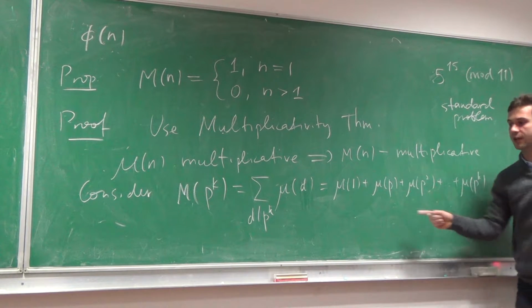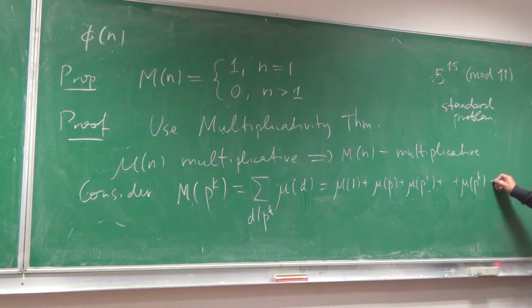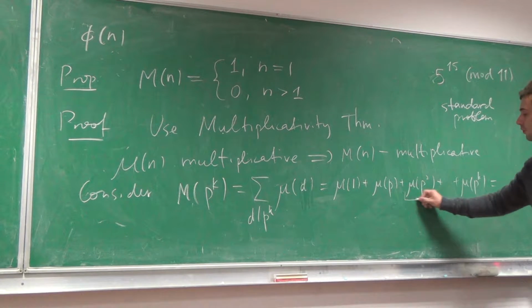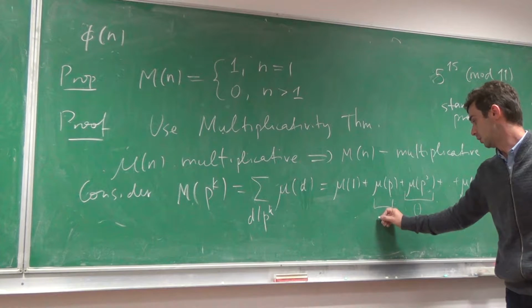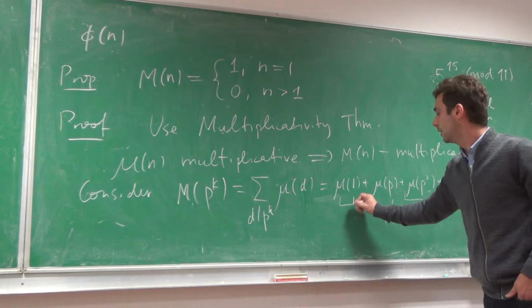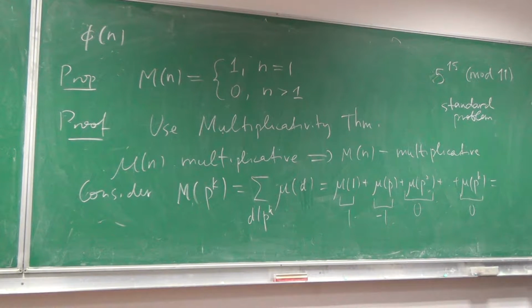These are all my divisors. Now you see most of these are just 0, because they are not square free, they are divisible by a square. Except for these two, which are -1 and 1. So altogether it balances out to 0.